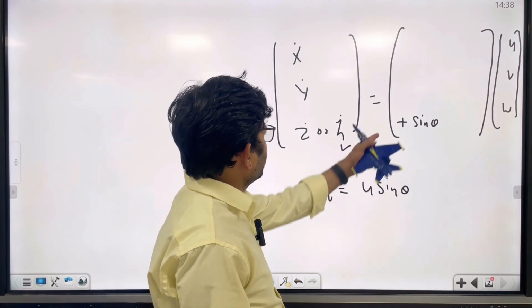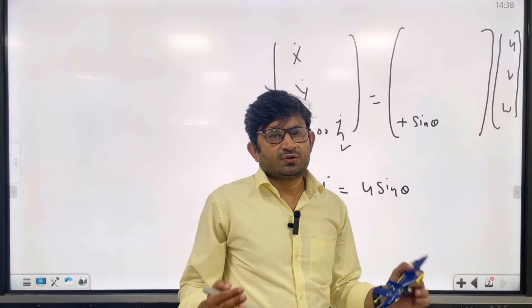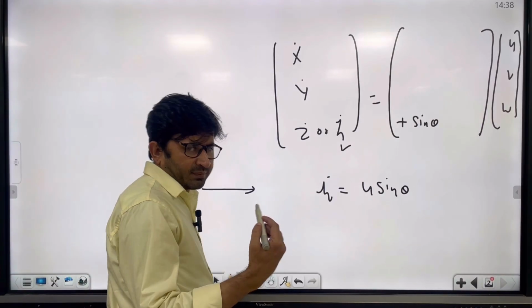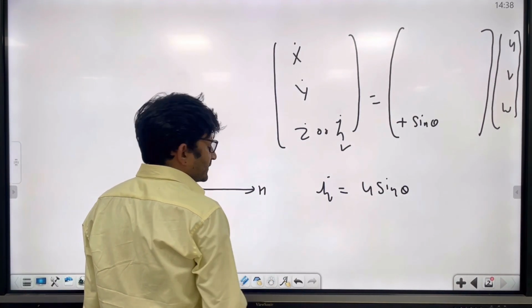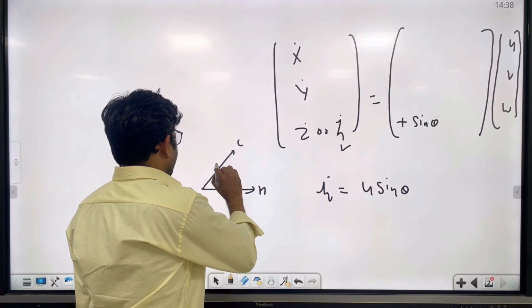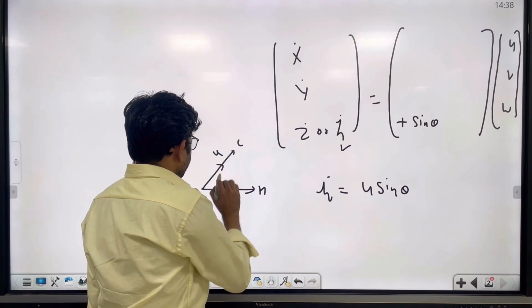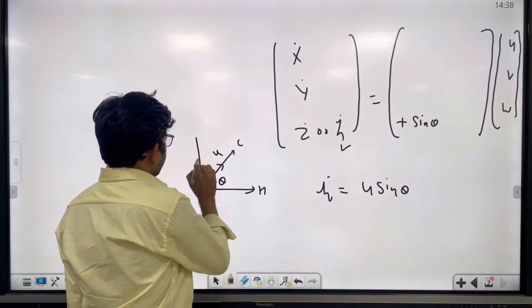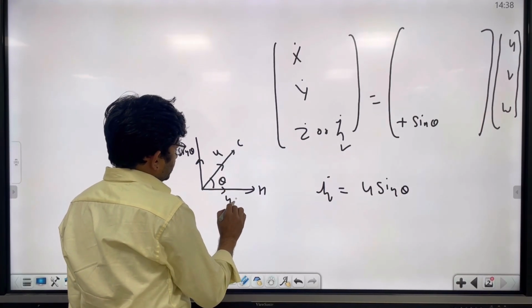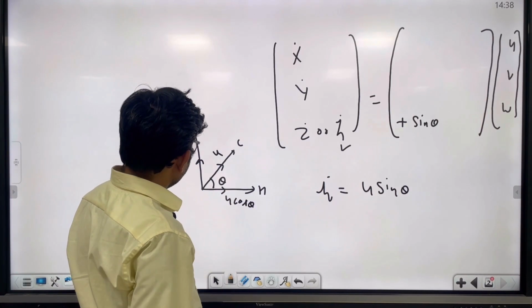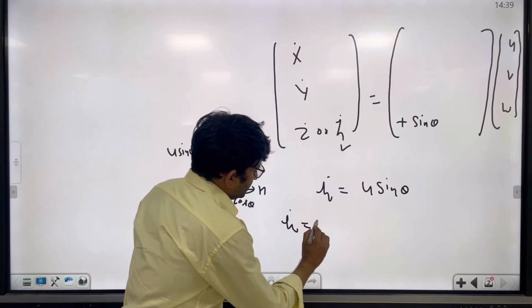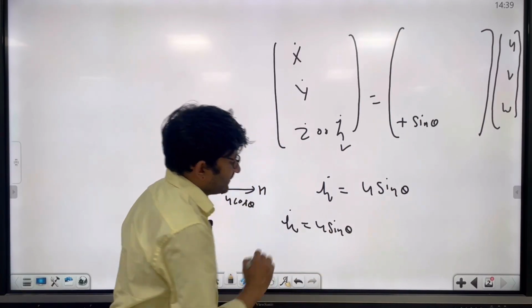Or if you are not going to use this, you can use simple fundamentals. From the fundamentals you can get, actually this is, let's say, horizontal, this is the aircraft chord, wing chord, along this you are taking as a velocity, and this is theta. So the vertical component will be U sine theta and the horizontal component is U cos theta, but I am interested in the vertical component. So the vertical velocity you can write h dot, which is nothing but U sine theta. Same, right?